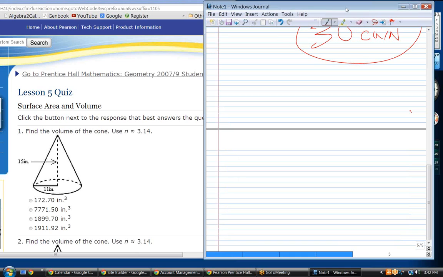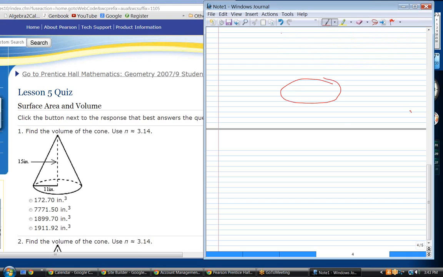Volume of a cone. First of all, let's talk about the difference between a cone and a cylinder. All right. If we were to take a cylinder, what's the volume of the cylinder? Wouldn't it still be radius pi times lateral? Well, it's pi r squared, the area of the base, times the height.